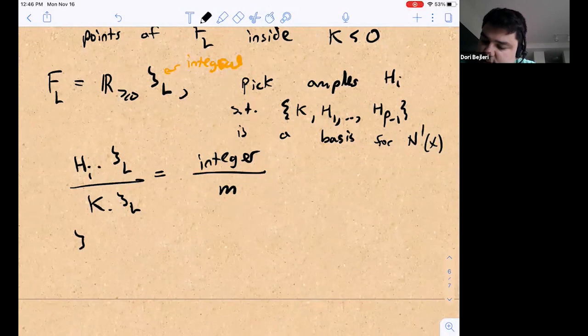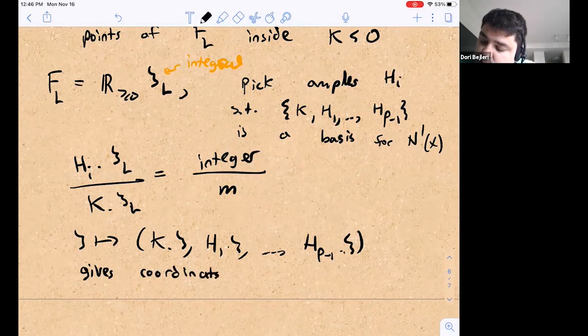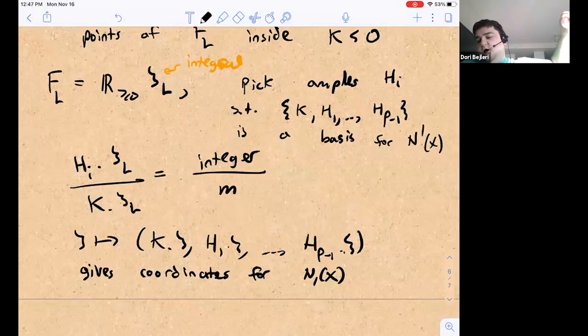So psi maps to the tuple K psi, H_1 psi, through H_{rho minus 1} psi, which gives coordinates for N_1. And now once you have these coordinates, these ratios should look familiar to you, because they're ratios of all our coordinates divided by the first coordinate. These ratios are exactly affine coordinates for the projectivization.